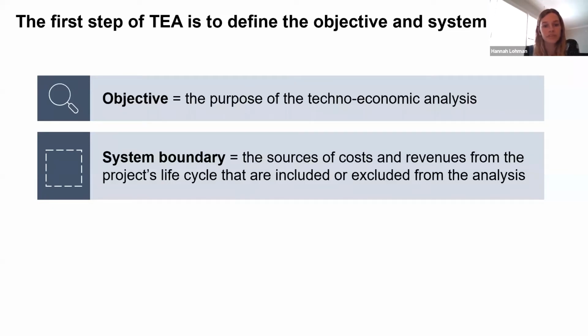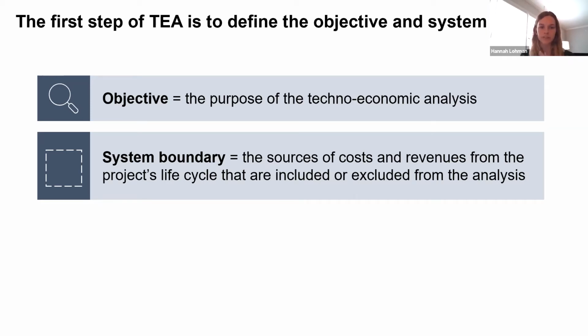And then the system boundary is you defining the sources of costs and revenues from the project's life cycle that are included and excluded from the analysis. Here you're trying to decide what parts of the life cycle you want to include. You could include constructing the project and also using the project, but you don't care about recycling or disposing of the project.